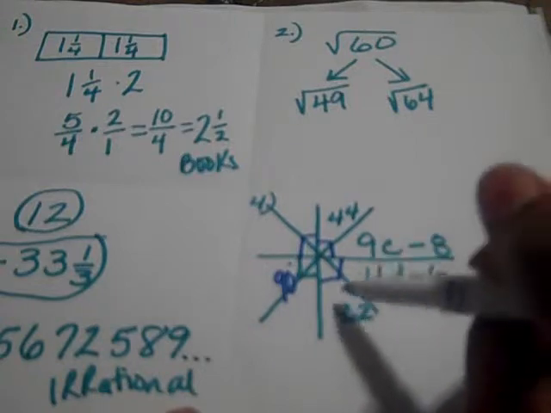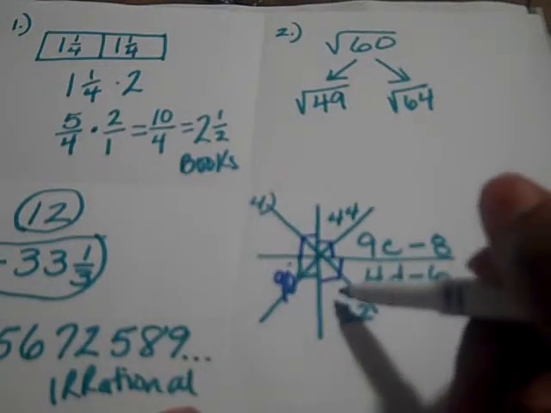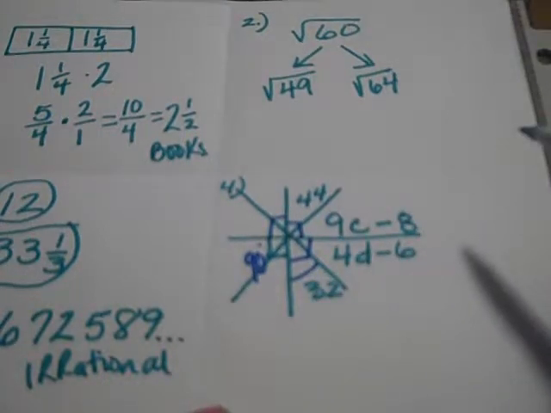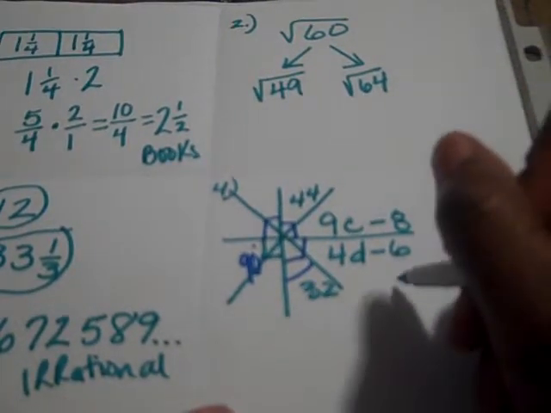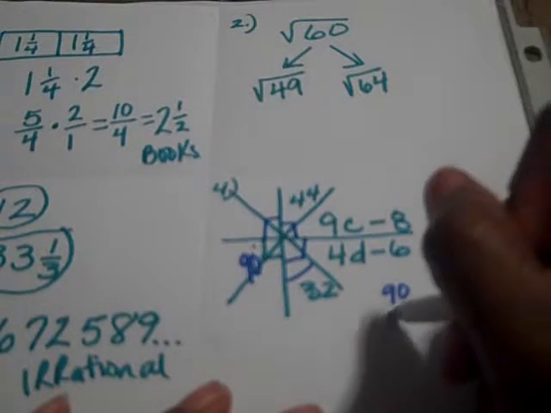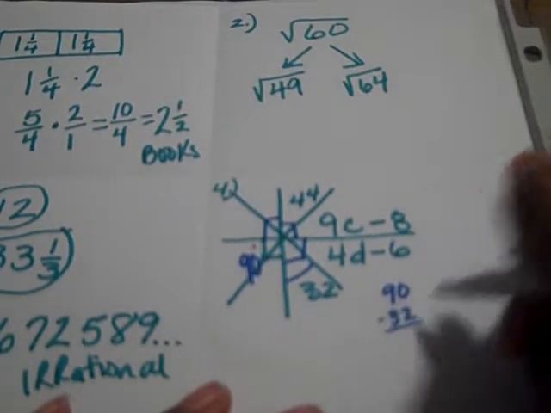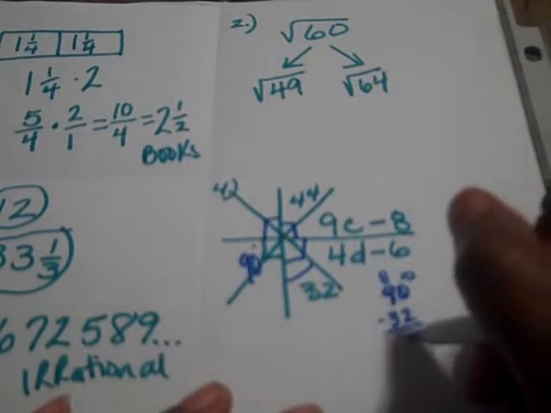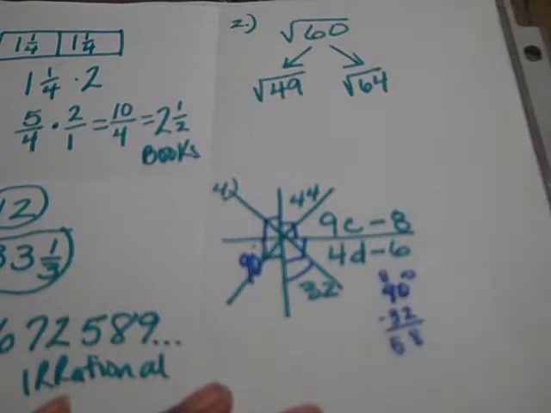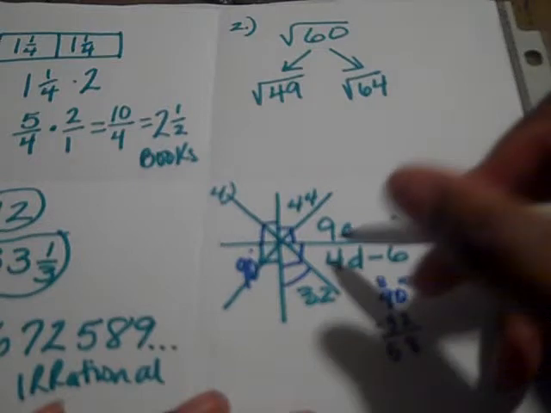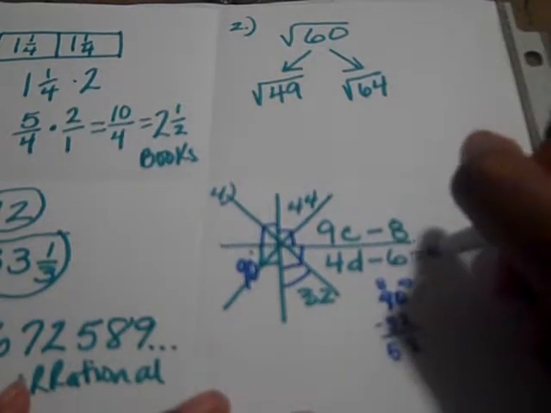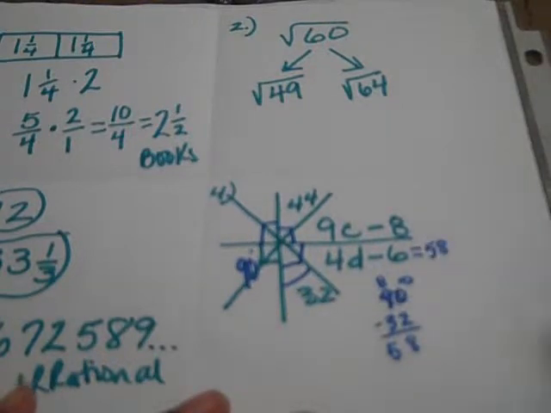So here, if these two angles have to add up to 90 degrees, I know that this angle here is 32 of my 90. So I would take 90 and subtract 32 degrees. And that's going to give me 58. I now know that this expression here would have to equal 58 degrees.